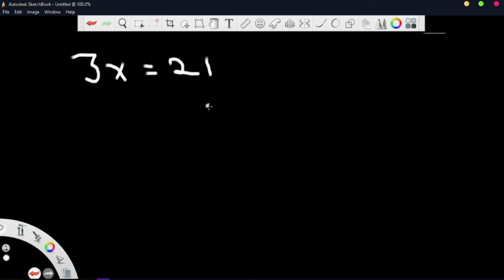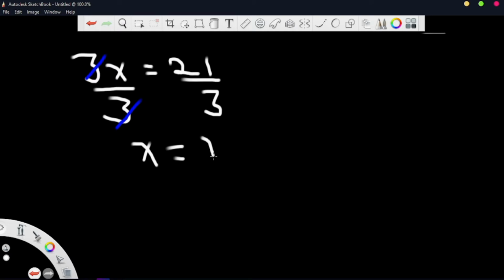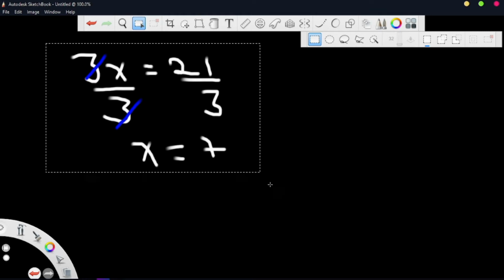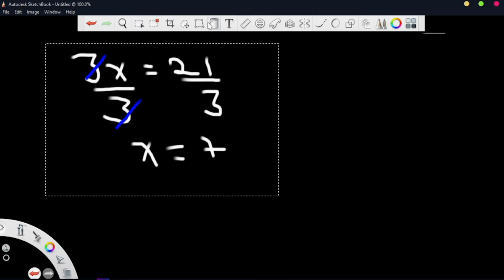So what I can simply do is divide both sides by 3, so that this 3 and this 3 cancel out, and then my x will be an individual value. Then I can say 21 divided by 3, which is 7. That's how we go about such a question. Let's try out another one.